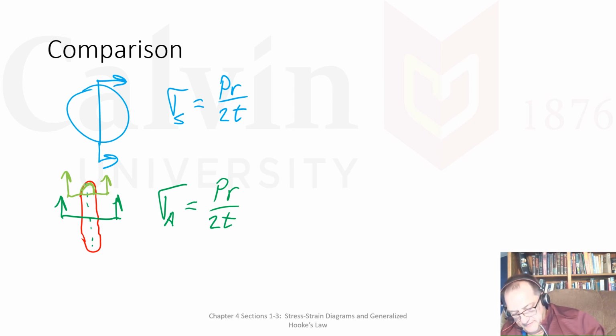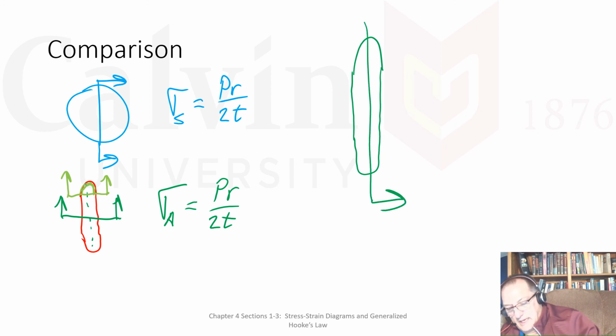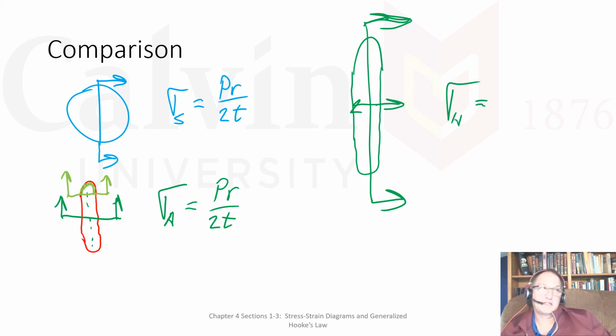If, however, I take this and I split it this way to get this stress across here, that is sigma H, and you could say that's for horizontal, but it's not, because I could turn that cylinder.